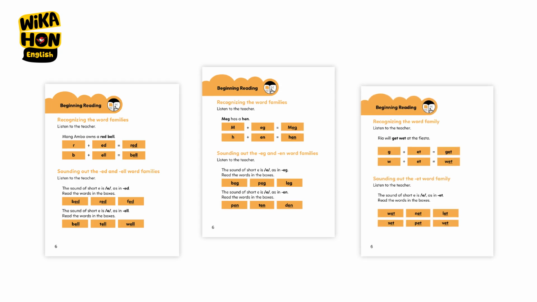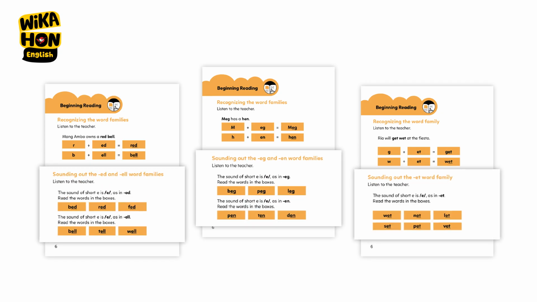Once words with similar endings are introduced, students are asked to blend sounds as they read the words. This helps them recognize the pattern and read similar ending letters in print. Consistent practice helps develop the skills needed to recognize word patterns, leading to smoother and faster decoding of words.